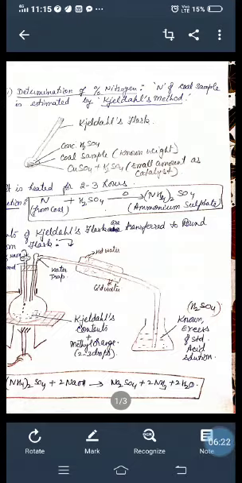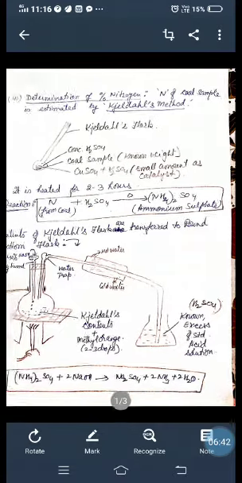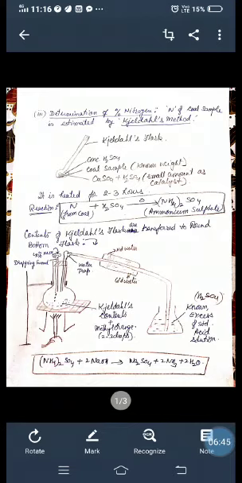Here we have taken the H2SO4 in excess. Suppose the requirement is around 30 ml, then we will take an excess, that is 35 or 40 ml. It reacts with ammonia to form ammonium sulfate.